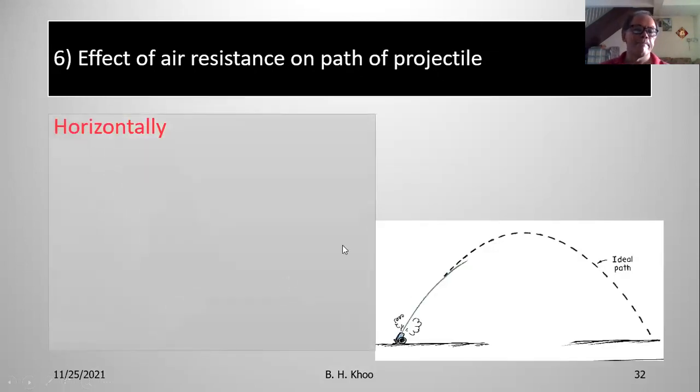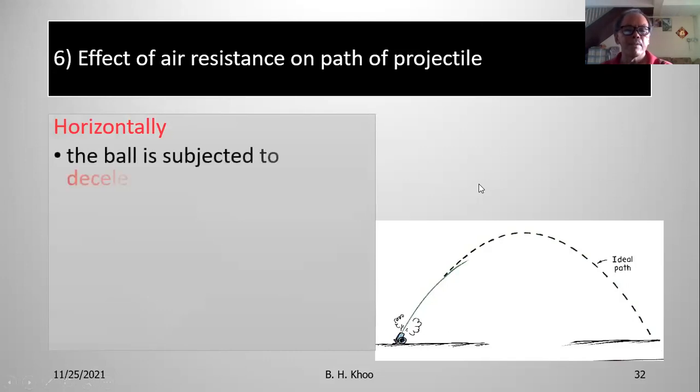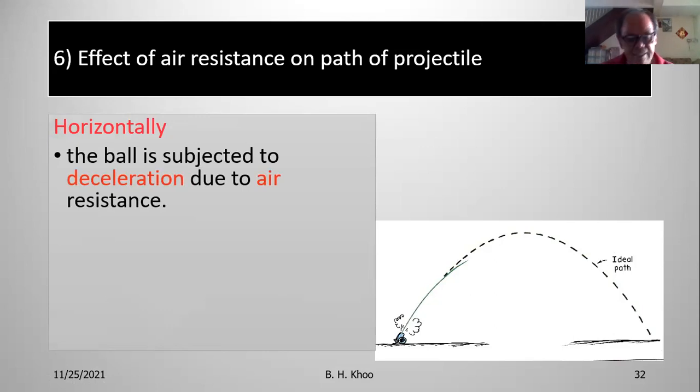Horizontally, the ball is subjected to, for example, kicking a football. Right? Because the football is a lighter object, it's going to be affected by air resistance. The ball is subjected to deceleration due to air resistance. Right? Normal uniform velocity is now decelerated motion horizontally.